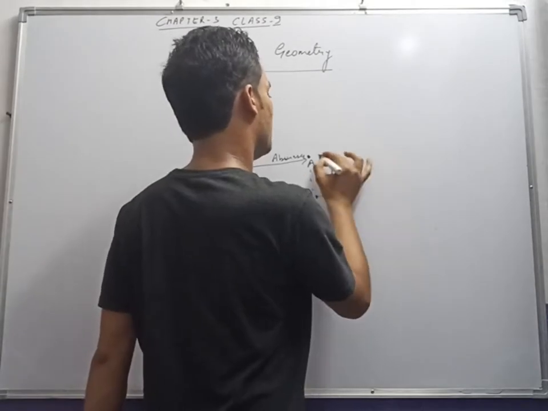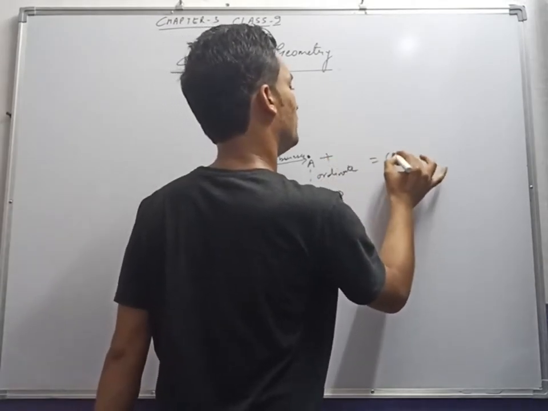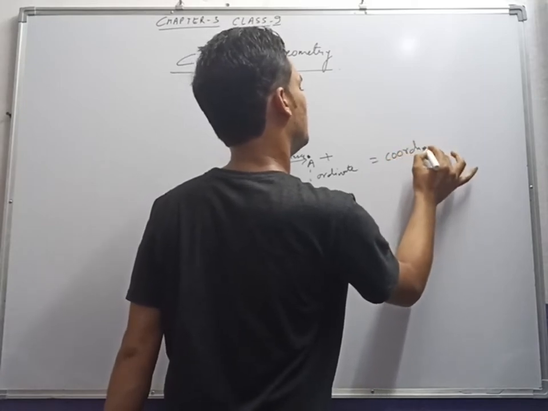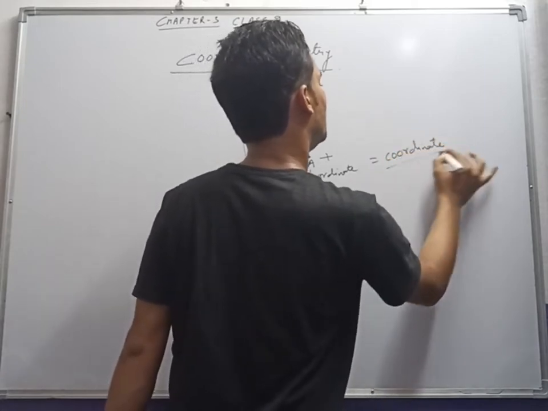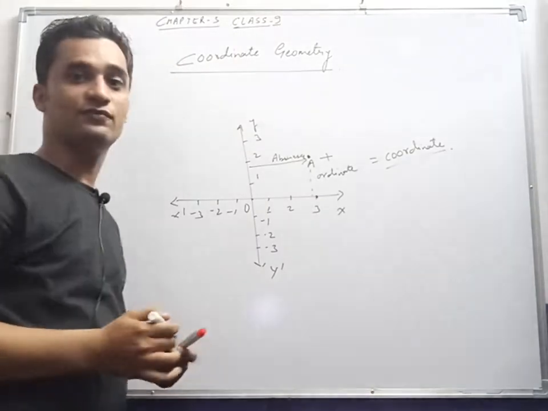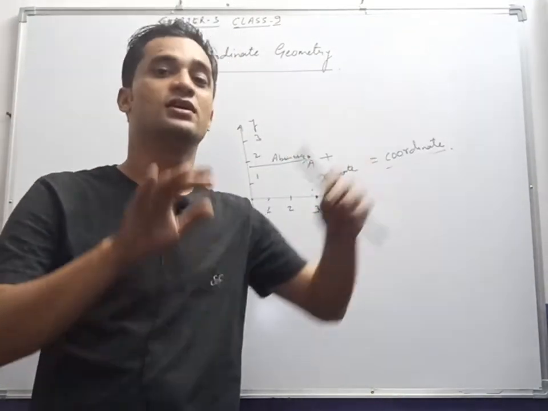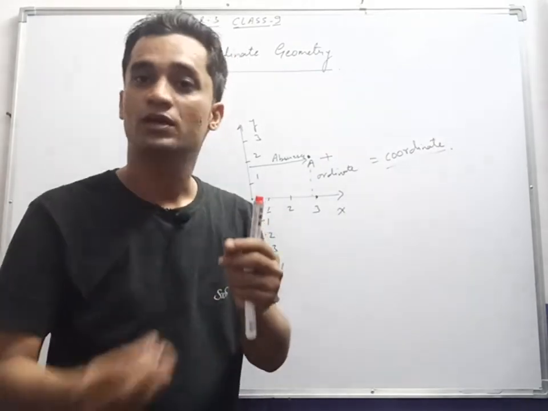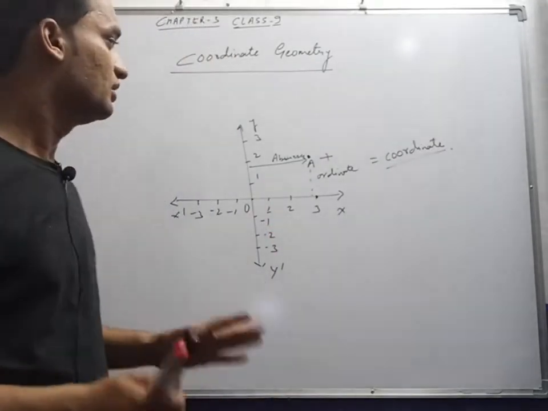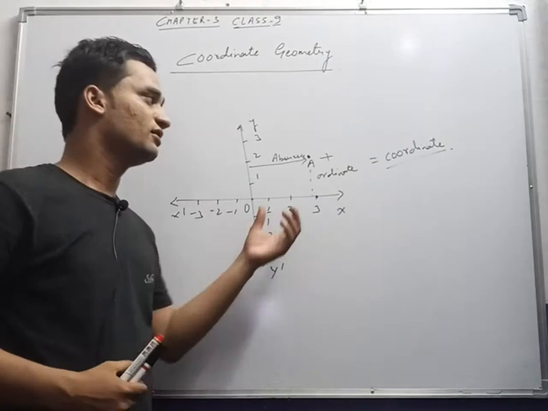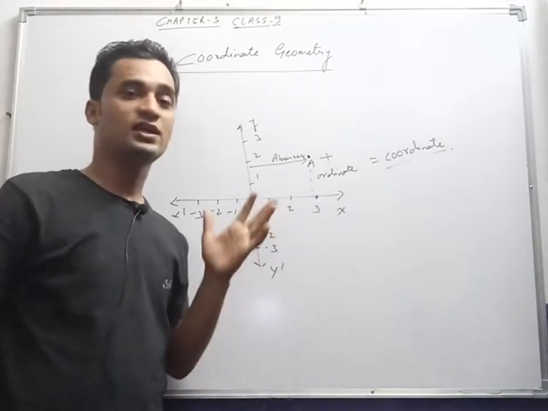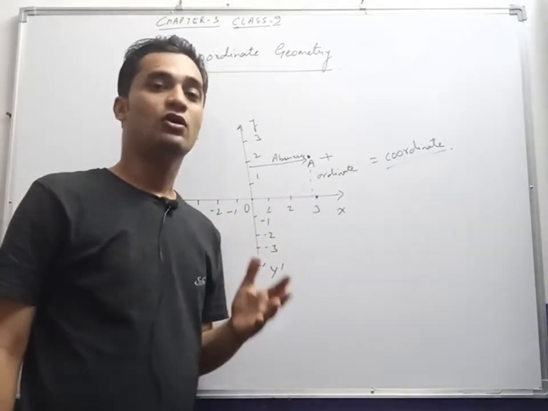When you combine both, you will have the coordinate. Abscissa x is the distance from the y-axis, ordinate y is the distance from the x-axis. So don't be confused at all. This is the basic for abscissa and ordinate.